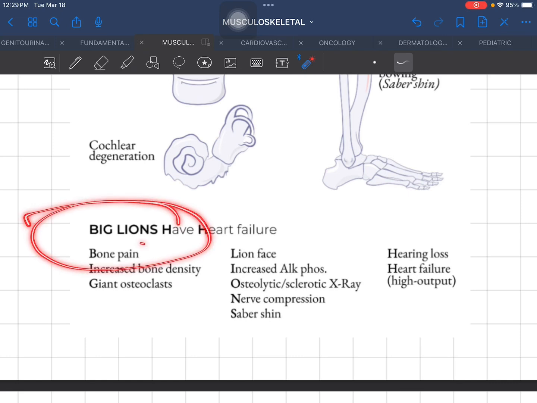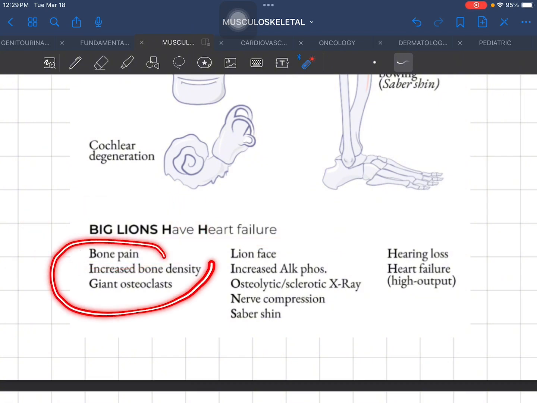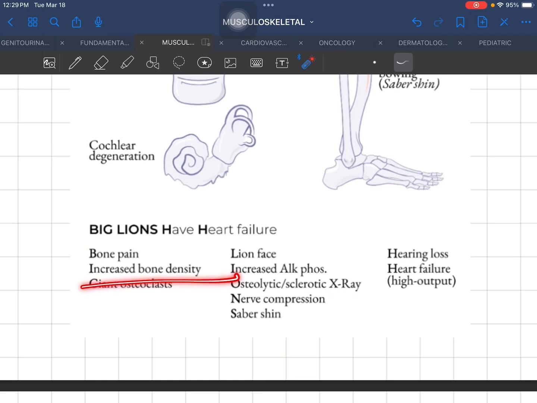Big lions have heart failure. B stands for bone pain. I, increased bone density. G, giant osteoclasts.